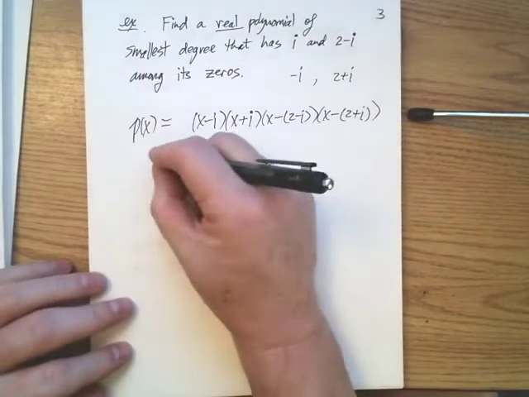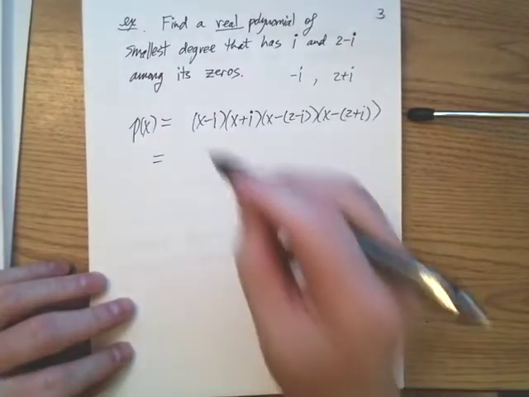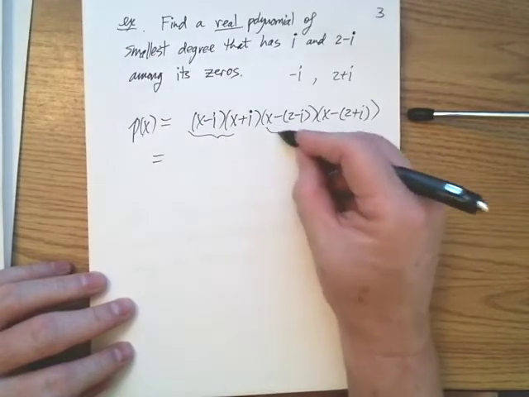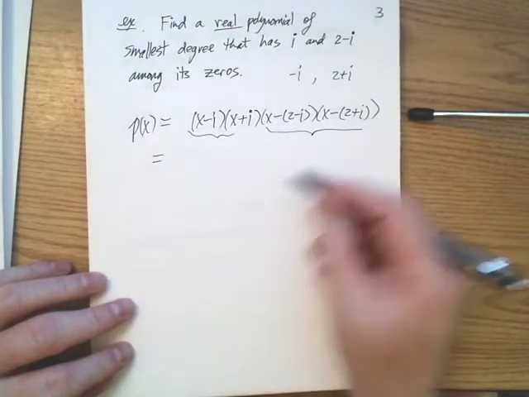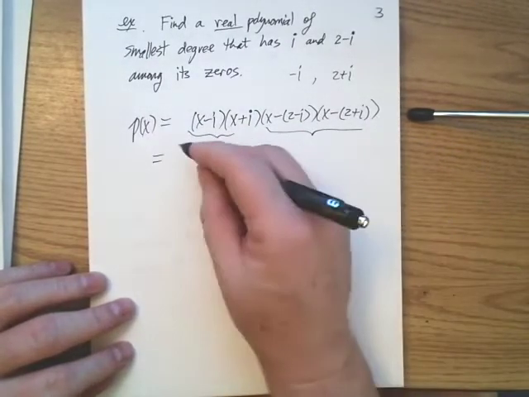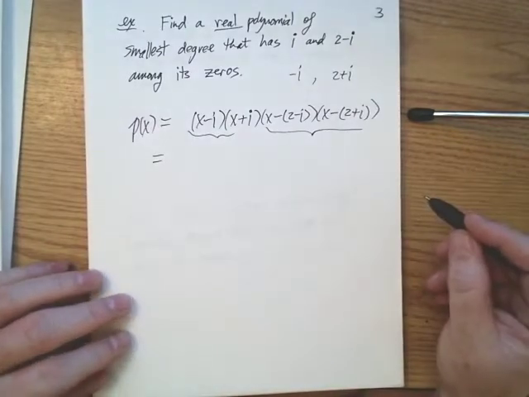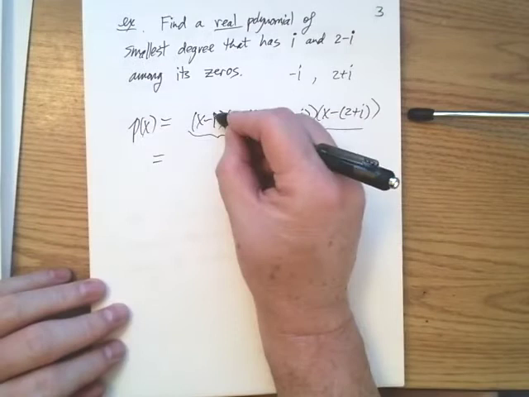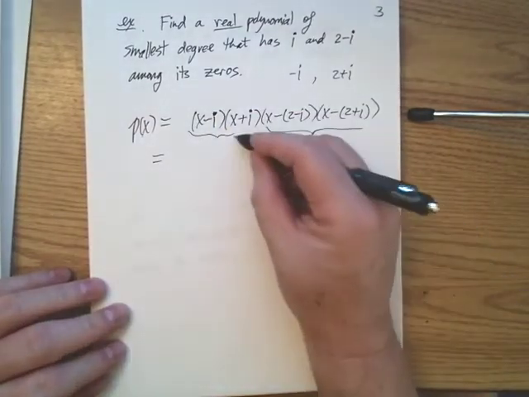Okay, there's my polynomials. Now I'm going to multiply these together. This is going to be pretty easy. Now you want to group these in the proper way, right? Multiply these together first and these together first. You could multiply just from left to right, but it's going to get ugly if you do it that way. The neatest way to do this is in the order I've just got written there, okay?